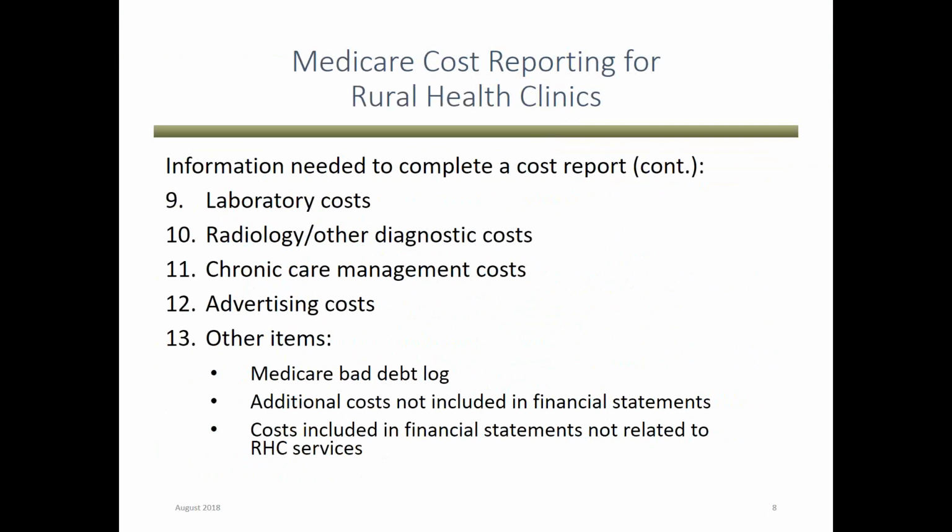Any additional costs that might not be included in the financial statements but might still be required to be reported as rural health clinic costs should be noted, as well as any costs that are included in the financial statements that are not related to rural health clinic services, such as contributions or donations to nonprofit organizations, are not considered allowable Medicare costs and must be removed from the allowable cost reported on the Medicare cost report.